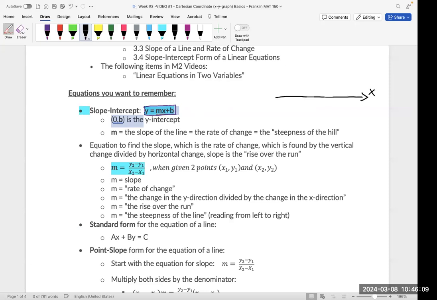So given an x number line with a 0 right there, and then you draw your y number line vertically, again with 0 right there, that origin is the point 0, 0. These are called ordered pairs of numbers because the order matters.